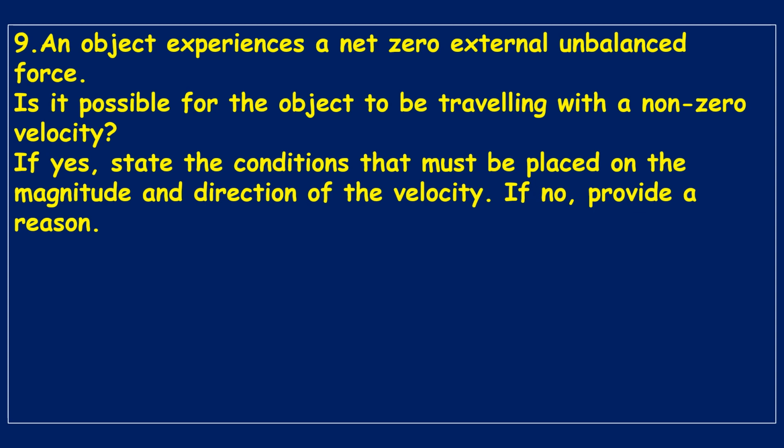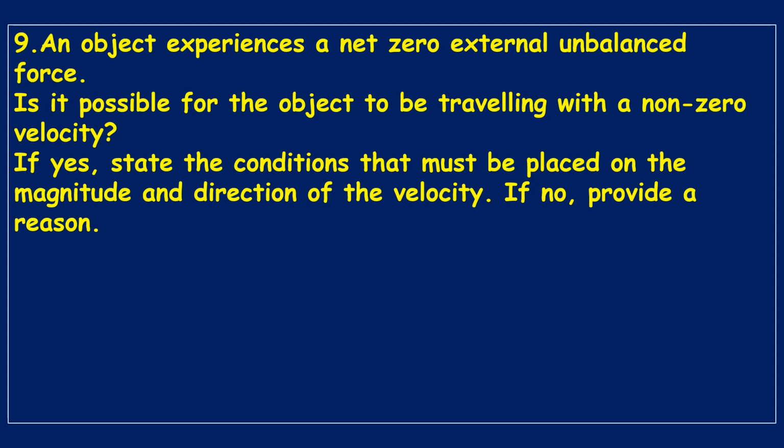See, when there is a balanced force acting on an object, the object will be at rest and continue at rest. If the object is already in motion, it will continue in motion.